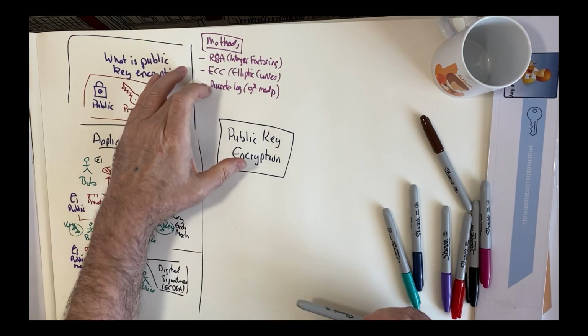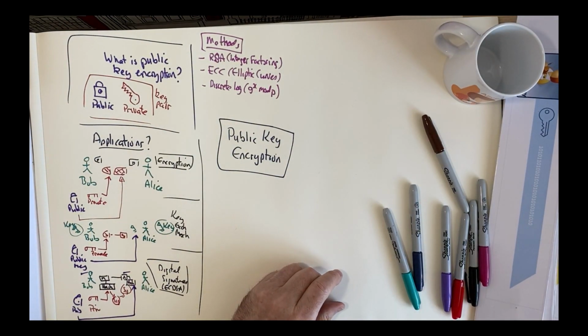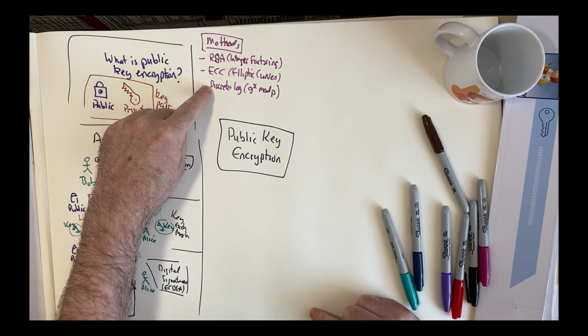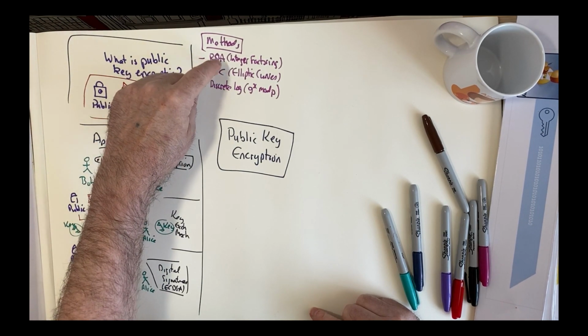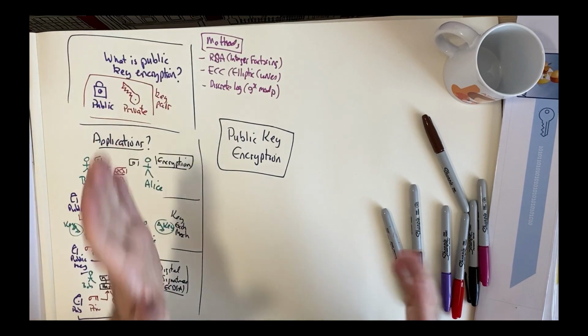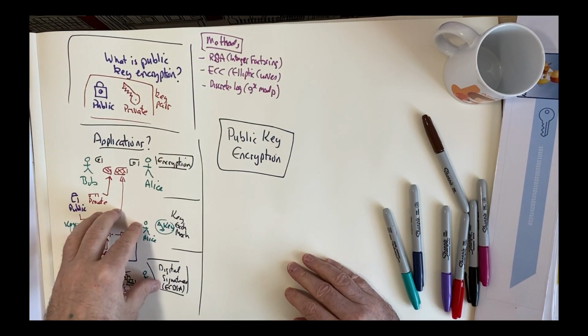So those are the three main methods that we would use to implement our public key encryption method. The method that's most often used these days is elliptic curves. Very, very efficient method, small keys, fast, scalable.